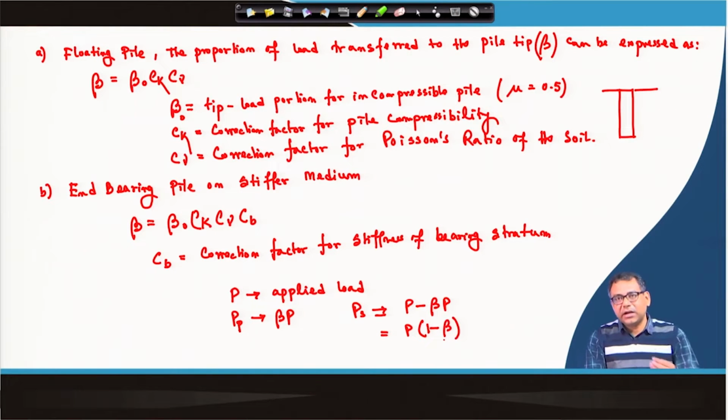That means, if beta is equal to 0, all the stresses are taken by the friction. If beta is equal to 1, all the stresses are taken by the pile tip. Okay. So, this way we can determine how much load is transferred to the tip and how much load is taken by the friction of the pile.